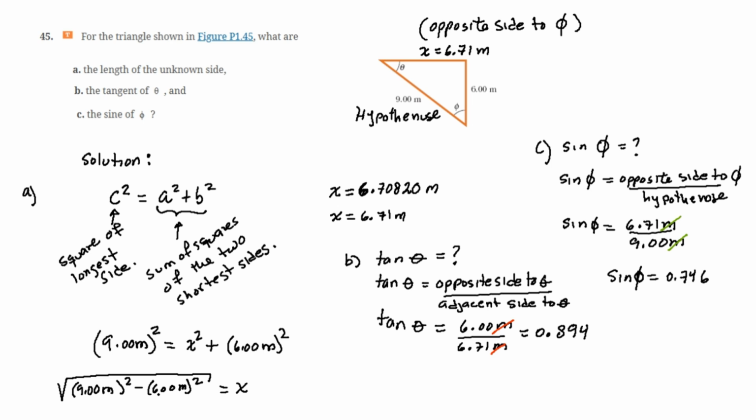So this is a basic problem of trigonometry, where we had to solve for a triangle to find the length of the unknown side, and to find the tangent of the angle zeta and the sine of the angle phi. Is that 0.746? Yes, 0.746.